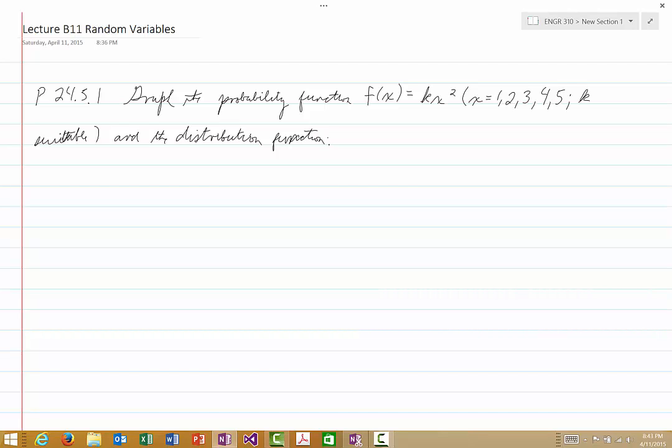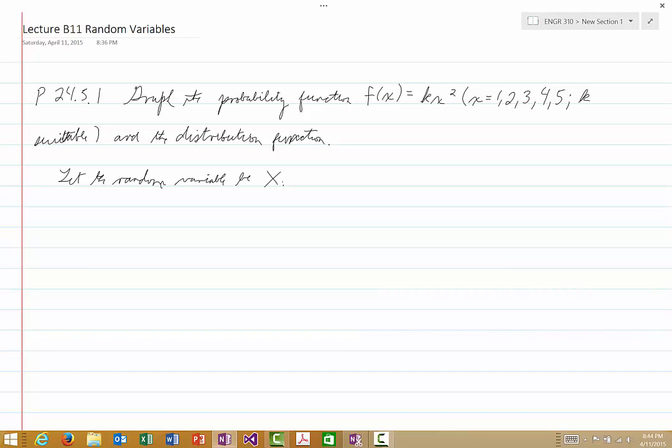So let's try to understand what this means. Now, first of all, we're not told what the random variable here is called. So we'll say let the random variable be X, and that's a capital X. Lowercase x here represents the value of the random variable.